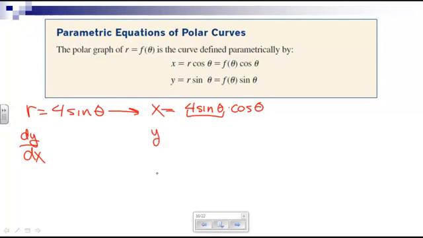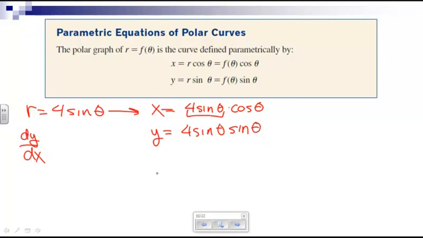What is y? 4 sine theta, the value of r, times sine theta again. x and y are dependent upon this new independent variable, theta.